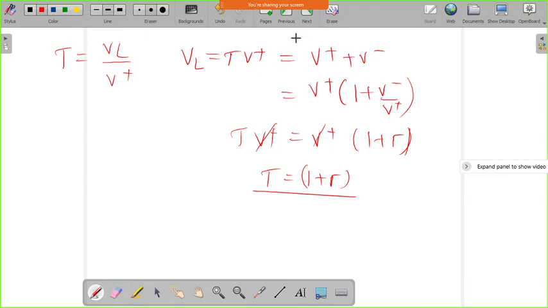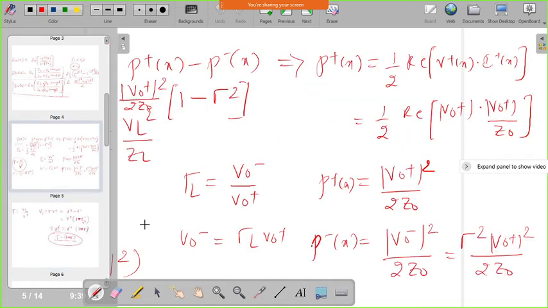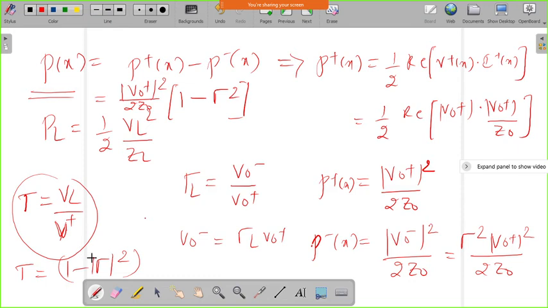Sorry, here it is V minus, not V plus. So it is V plus minus V minus, and this will be 1 minus gamma. So the transmission coefficient is nothing but 1 minus gamma. Here also we need to write 1 minus gamma. So this is 1 minus gamma square, okay, so this is transmission square.